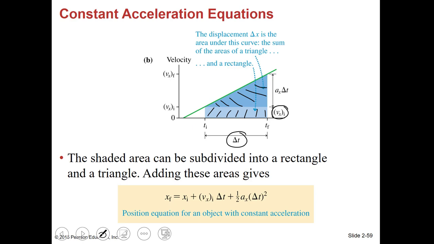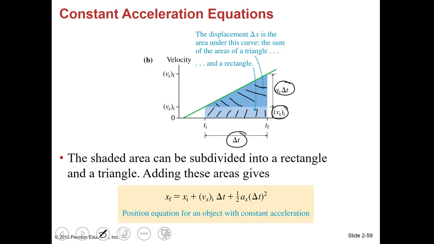Then you've got to take that area and add it to the area of the triangle. Same time, delta t. Here the height, though, is a times t. So if you take delta t times the initial velocity plus 1/2 delta t times a times delta t, that gives you the displacement.